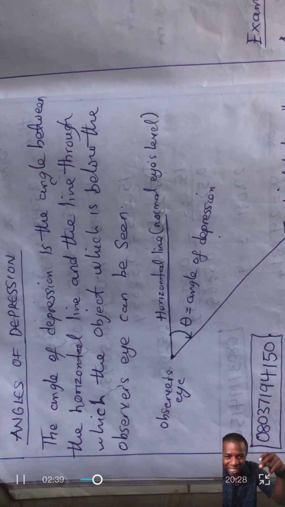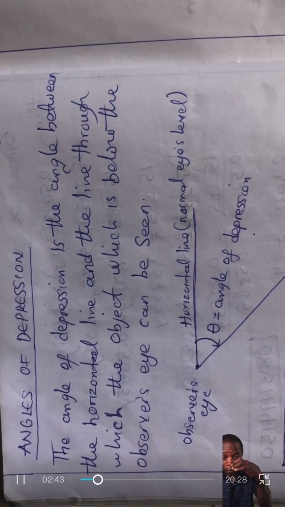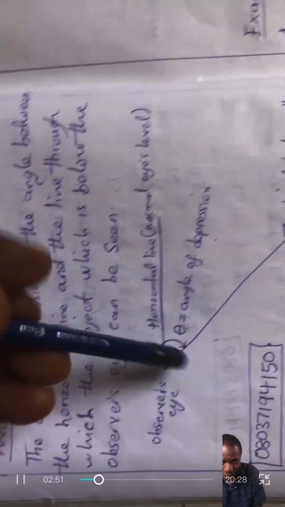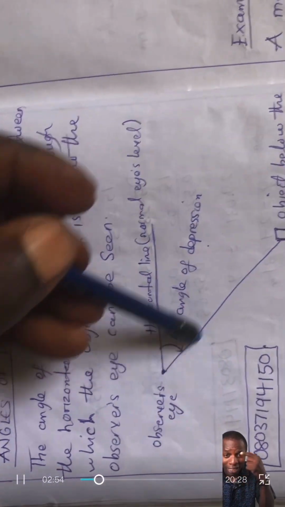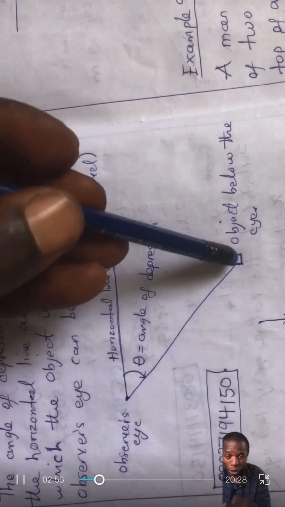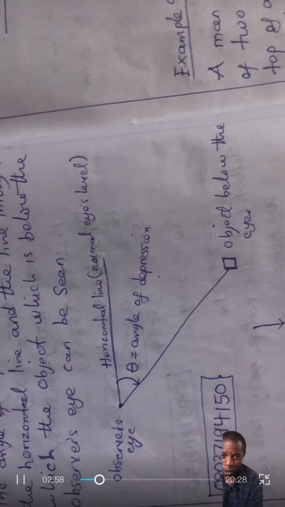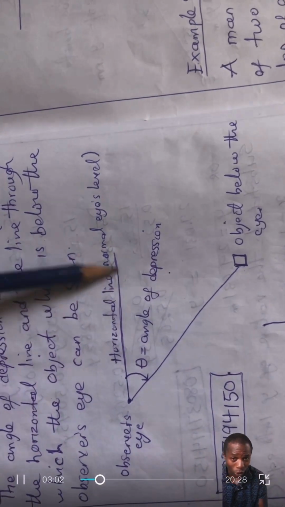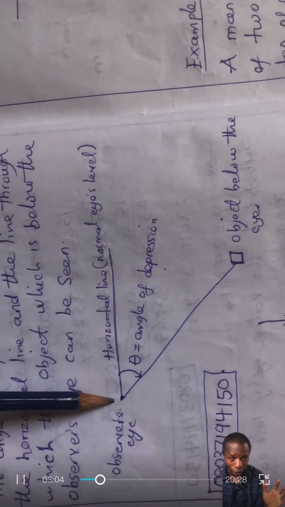The other one is the line of sight, that is the line that runs from the observer's eyes to the object. And the object is below the eye level. That is what angle of depression is.